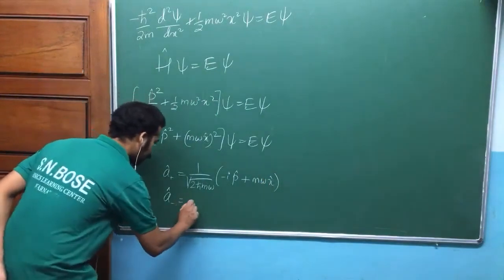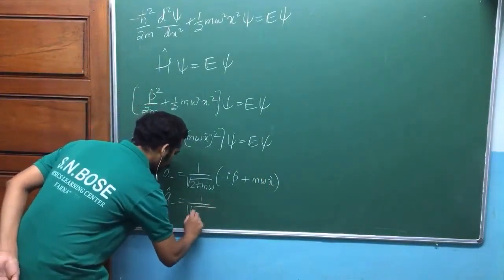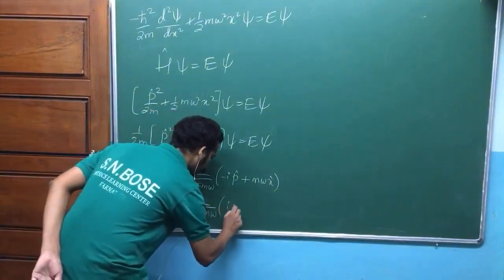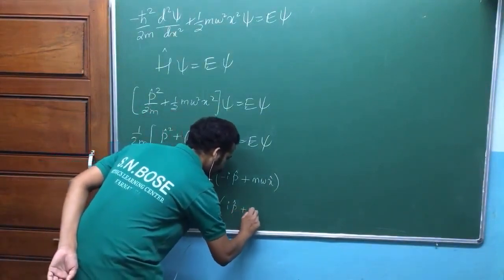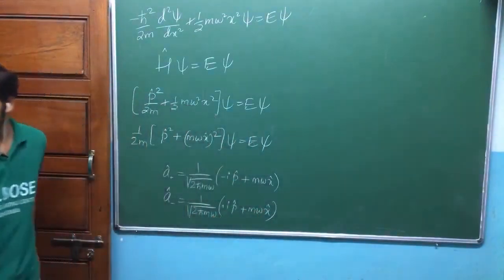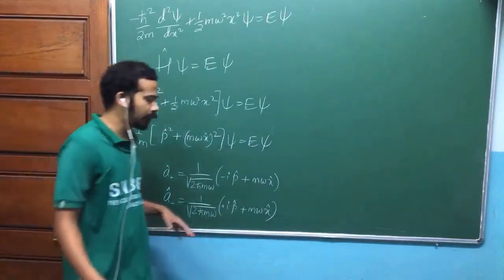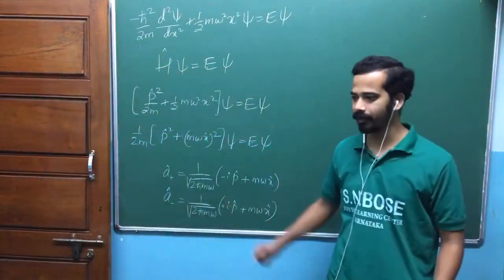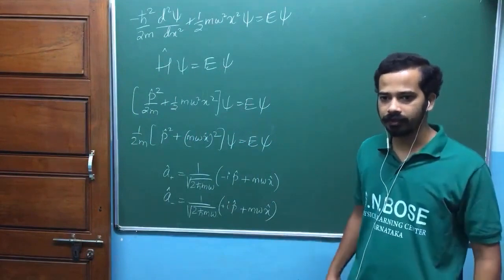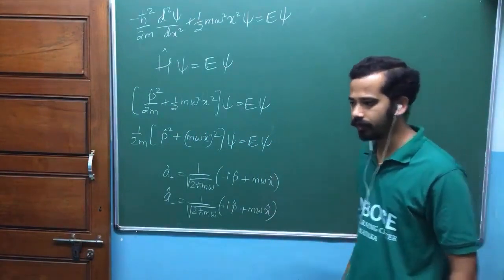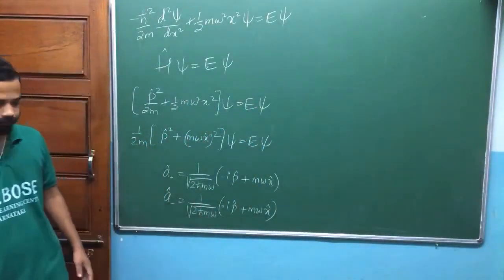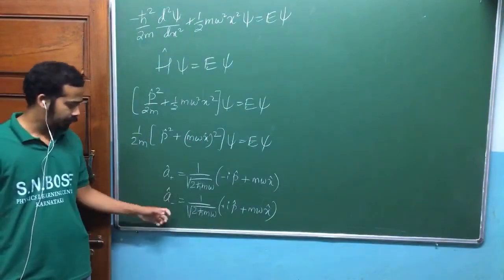A minus is equal to 1 by root of 2 h bar m omega, times plus i p cap plus m omega x cap. Look here, there may be a lot of questions about why we take it like this. It's a kind of trick to find energy eigenvalues and all. It's not an ordinary method of solving the differential equation. It's a kind of trick. A plus cap and a minus cap.